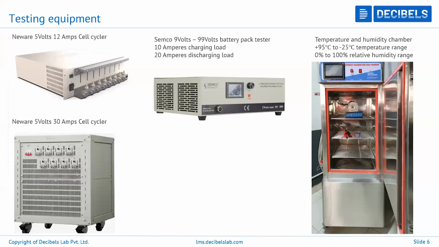What I showed you was just a few profiles of different currents and different temperatures, but you can do it also with respect to different magnitudes of current, AC current, DC current, different voltage levels, different pulses, pulse response, and things like this. So all of that can be done. Basically, your parameter estimation starts over here with testing equipment. You can see there are 5 volt 12 amps, 5 volt 30 amps. These are all equipment we're using here at Decibels Lab, and using different software that we can connect to this, we can load different testing profiles and then analyze the output from the testing, and from there the voltage response is analyzed, and from there onwards we get the required parameters.